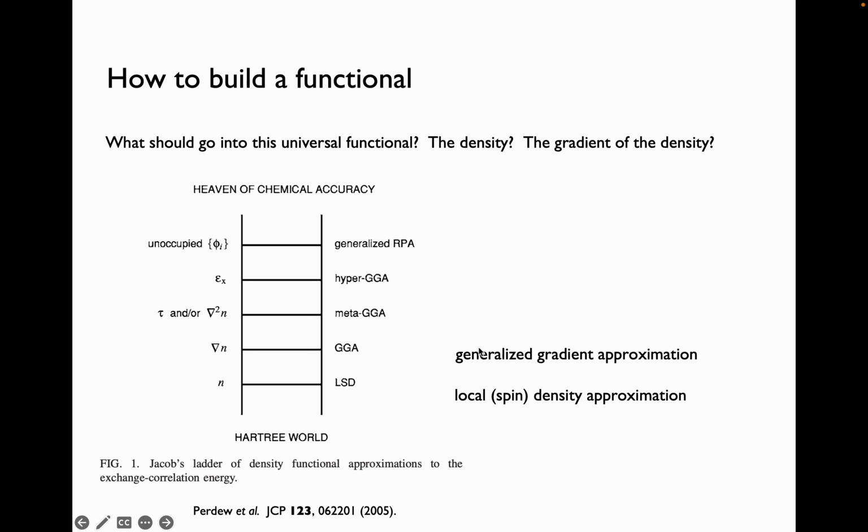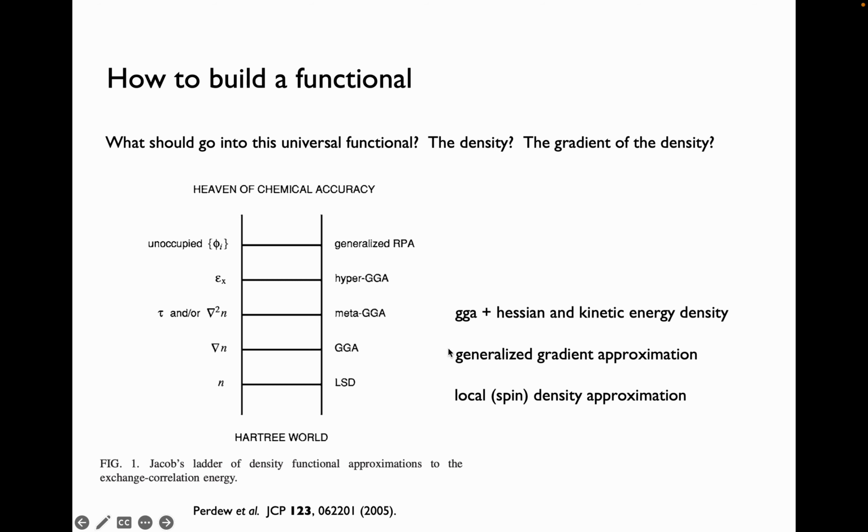Okay, the generalized gradient approximation is going to, in addition to having just the density itself, look at how the density is changing as a function of r. So this is the gradient of the density, the first derivative of the density with respect to r. That's this GGA approach.